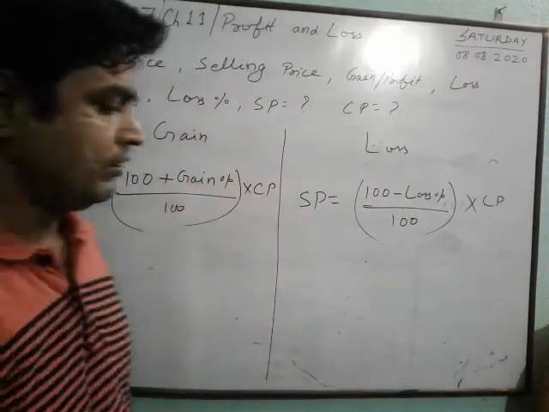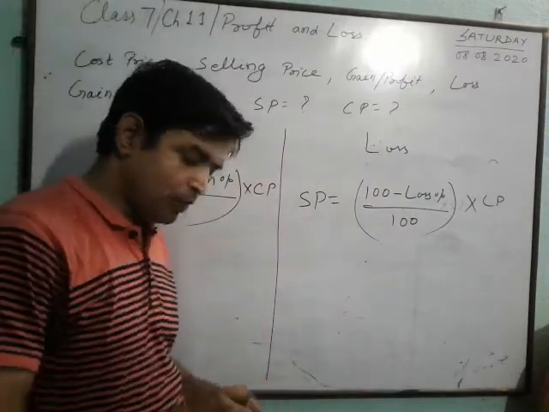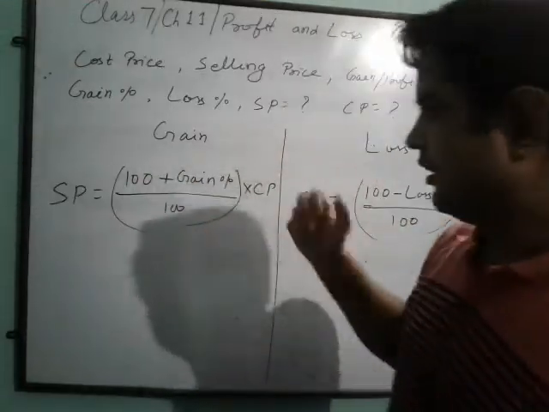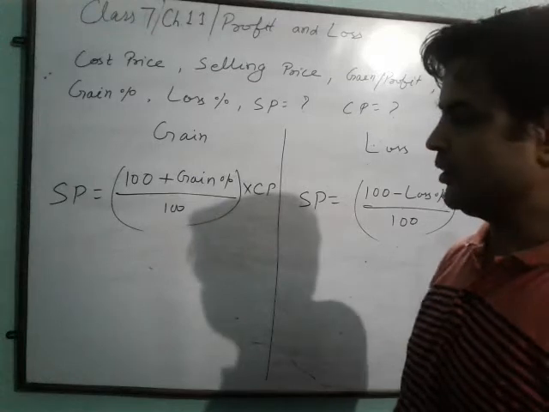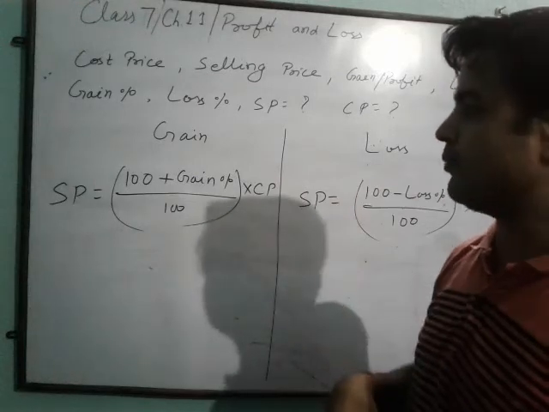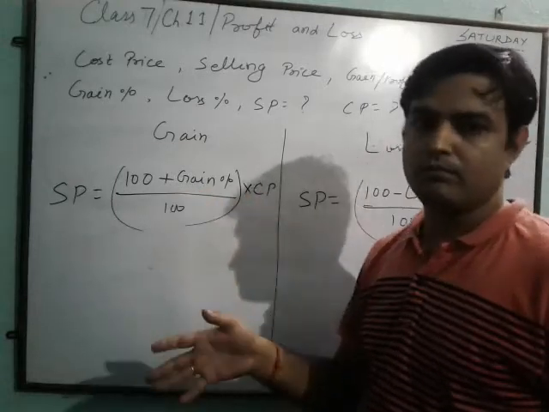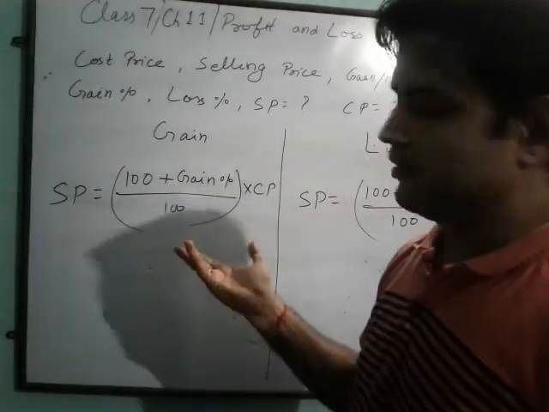This is the formula, but most of the students get confused to learn the formula. They replace CP and SP, plus by minus and so on.